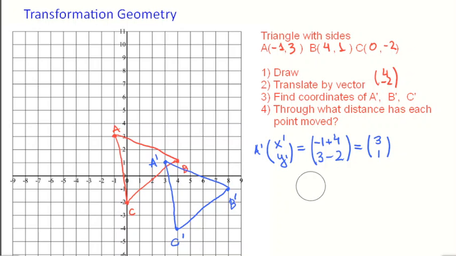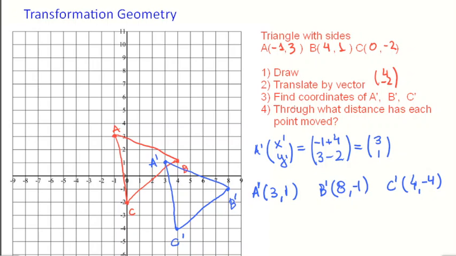Okay, so let's write the proper way. A prime, coordinates (3, 1). B prime, coordinates (8, -1). And C prime, coordinates (4 minus 4), but if we look here, it's also 4 minus 4.